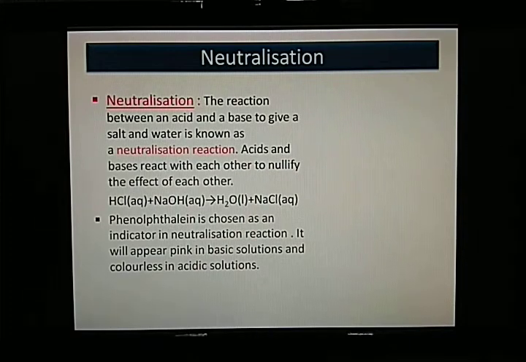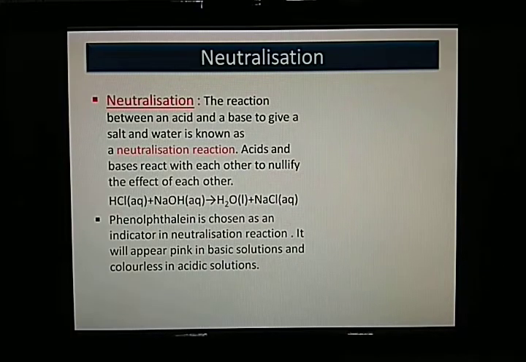Then we add some amount of sodium hydroxide to it. Clear? Because according to the reaction, hydrochloric acid plus NaOH, only then we'll get the product.